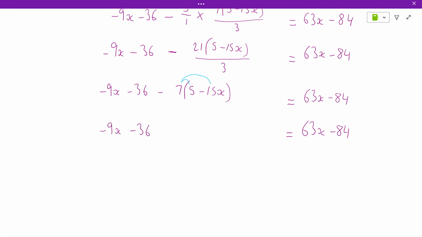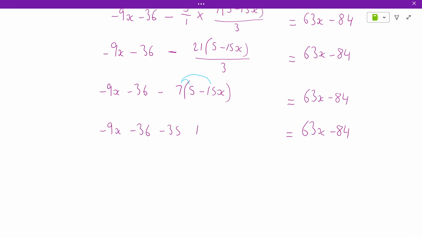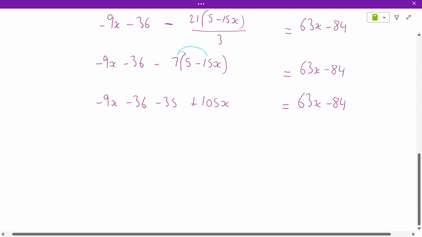Firstly, I've got a negative 9x. I've got a negative 36. Now, negative 7 times 5 is negative 35. And negative 7 times negative 15 is positive 105, and we had an x there.